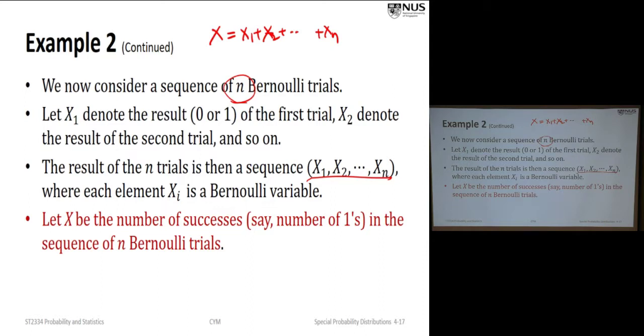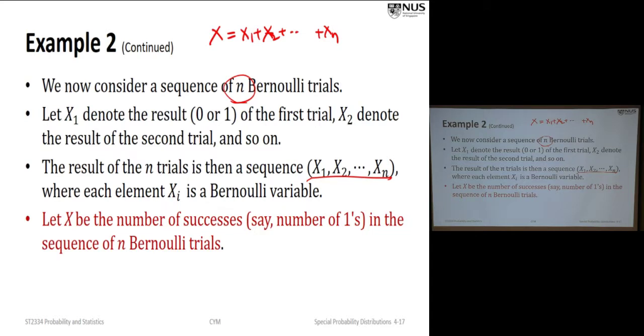Am I right? So suppose n equals 10, and you see 3 1s there. That means out of these 10 trials, only 3 successes. So the sum represents the number of 1s, and the number of 1s means the number of successes. So X represents the number of successes out of these n trials.